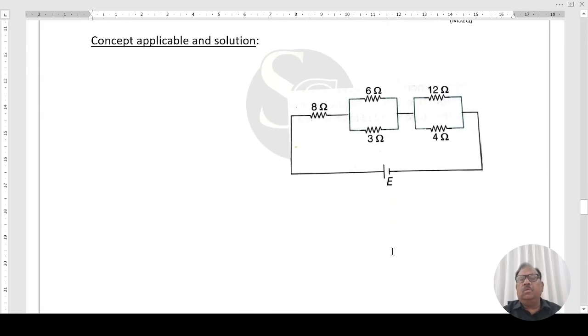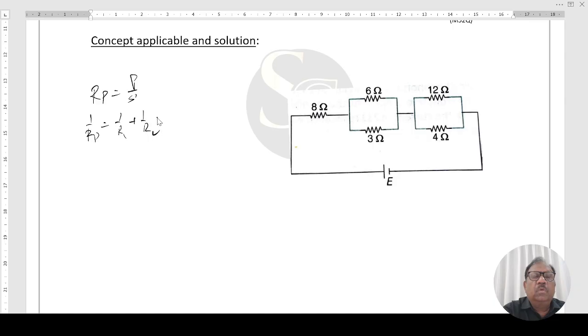Concept applicable and solution. You know, RP is product upon sum, that is 1 over RP equal to 1 over R1 plus 1 over R2. From this, we get product of resistances divided by the sum of resistances.